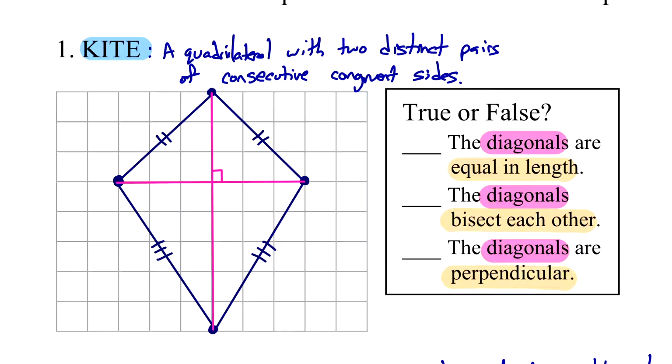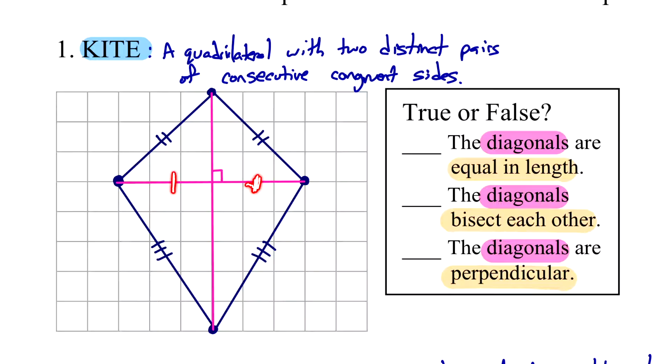Bisect would mean that they cut each other into equal parts. Well, here, this is 3, and this is 3. So the reality is these two pieces are the same. But it says bisect each other, which means both pairs have to be cut into equal halves.